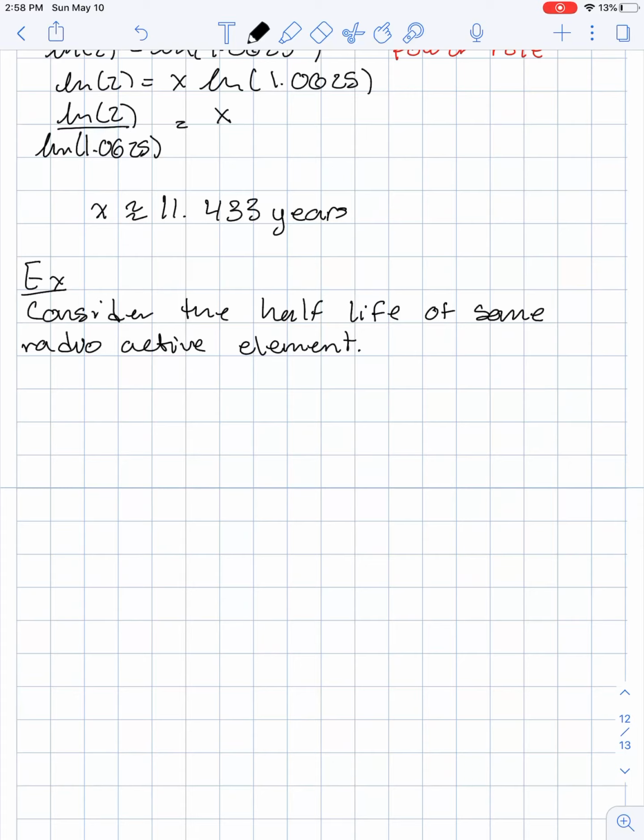So if in 100 years there's half of it left, its half-life is 100 years.